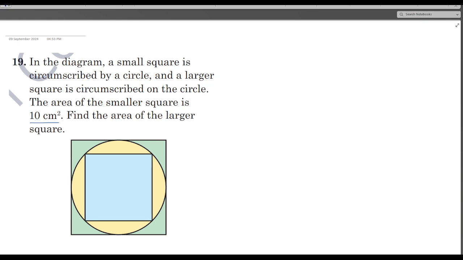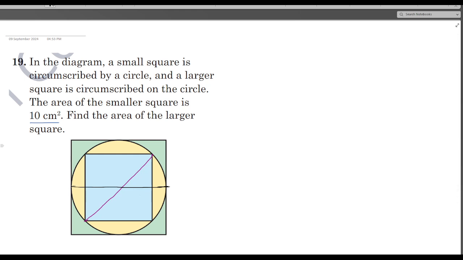So if you see, if I draw the diagonal here, the diagonal of this inner square will be the diameter of the circle. So this diameter, which I am drawing in black, has the same length as this inside diagonal.